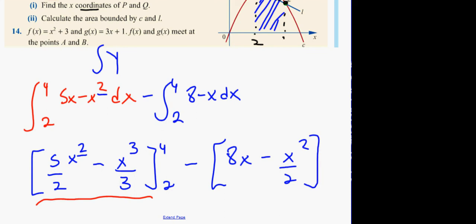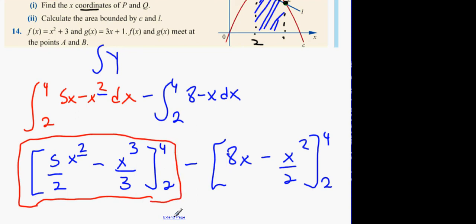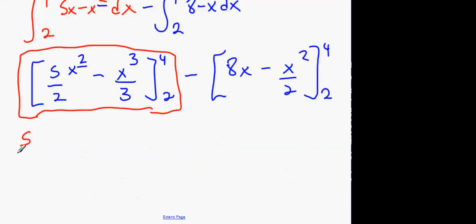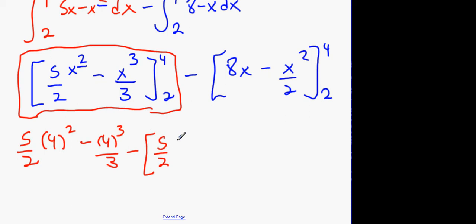Okay, now, there are 2 different calculation jobs here. One of them is the blue, and one of them is going to be in the red box here, which was meant to be red. Somebody take the red please, and somebody take the blue. Okay, 5 over 2 times 4 squared, minus 4 cubed, all over 3, minus, open your bracket, 5 over 2 times 2 squared, minus 2 cubed, all over 3, close bracket.